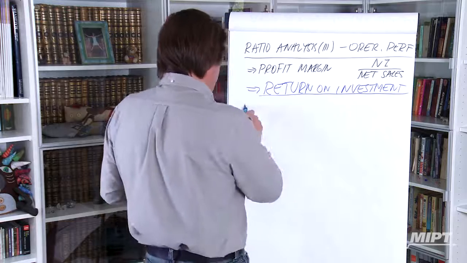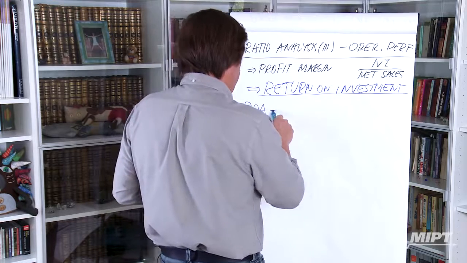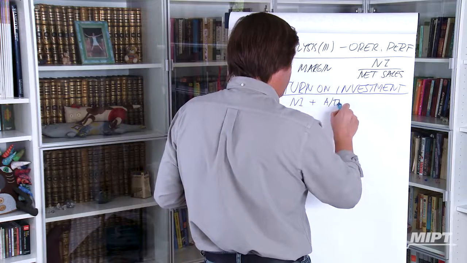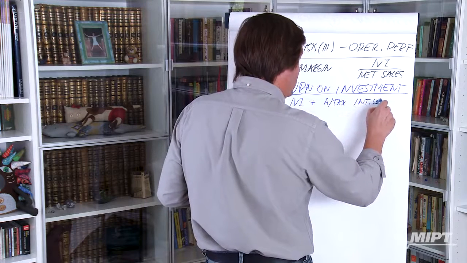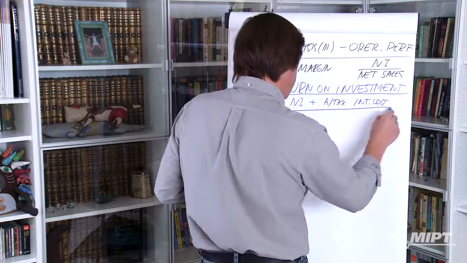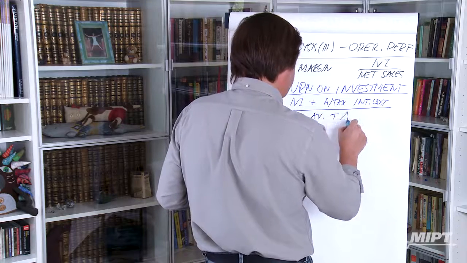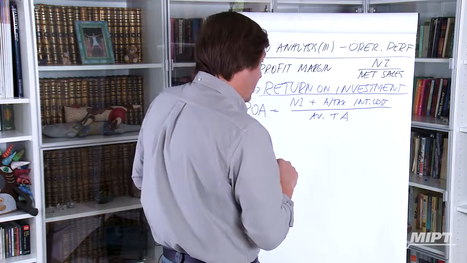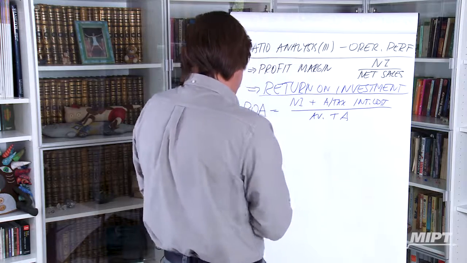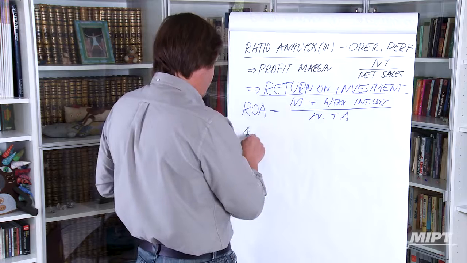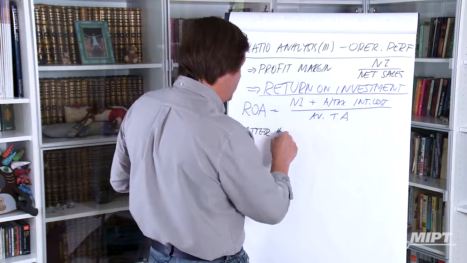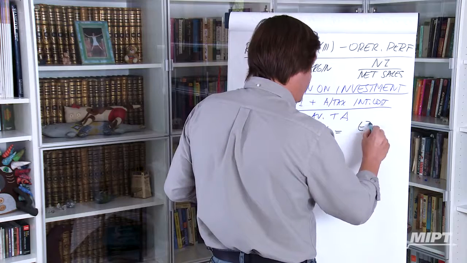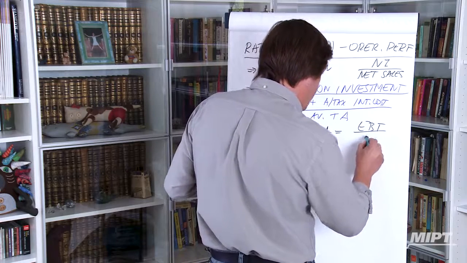So let's start with return on assets. That is net income plus after-tax interest cost, divided by average total assets. Well, we can also provide the after-interest return on assets, which is just earnings before taxes divided by total assets.